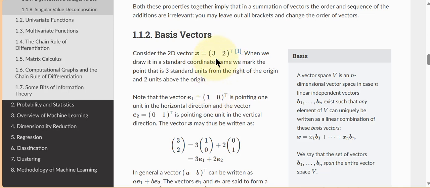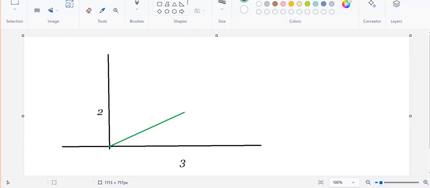I guess they didn't want to take up a lot of space, so they write T there to say that they really mean the vertical version, because it's the transpose. Suppose we draw it in the standard coordinate frame. So that means something like this. So we have 3, 2.